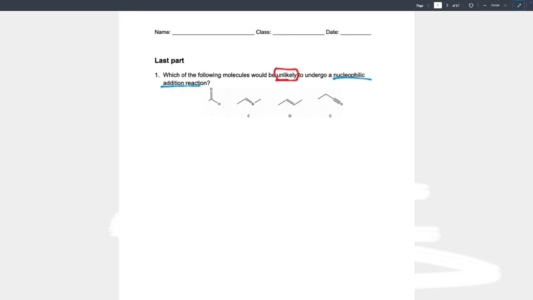We should be able to go through and answer the question before looking at the answers. So I want a nucleophilic addition reaction. It's a reaction, so it has to have an arrow. What is the nucleophilic addition going to give me information about?